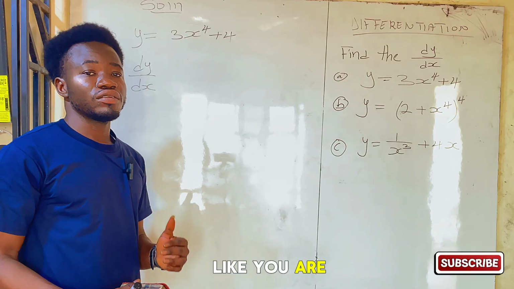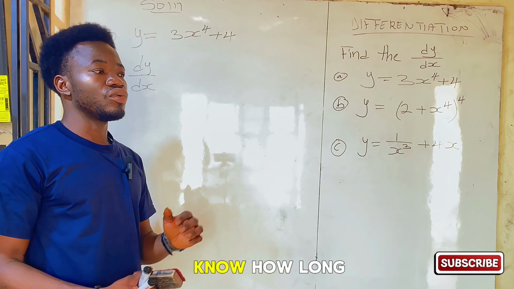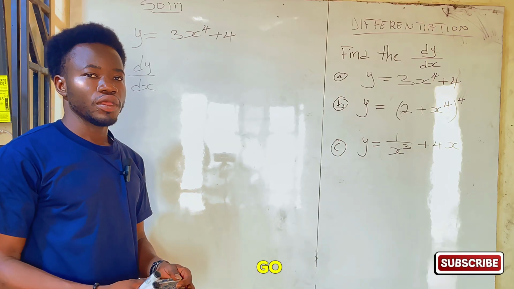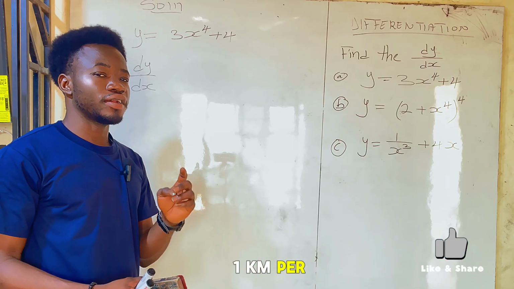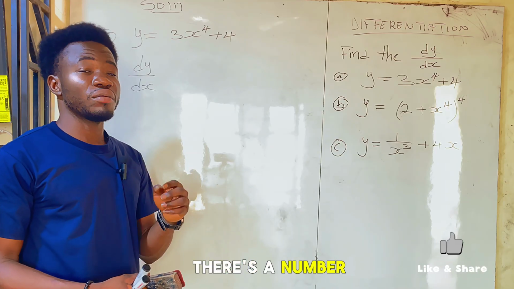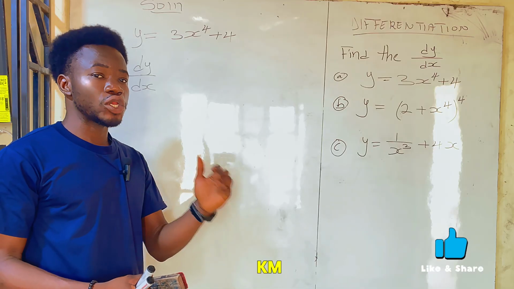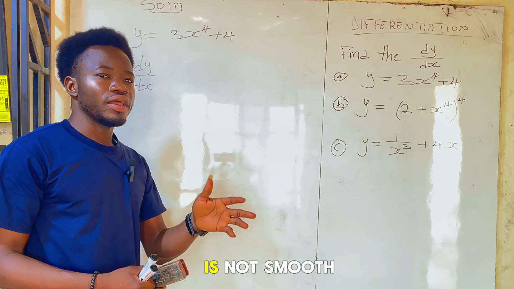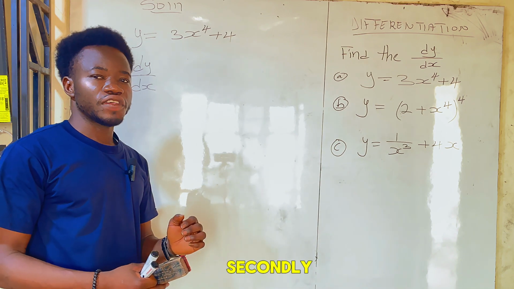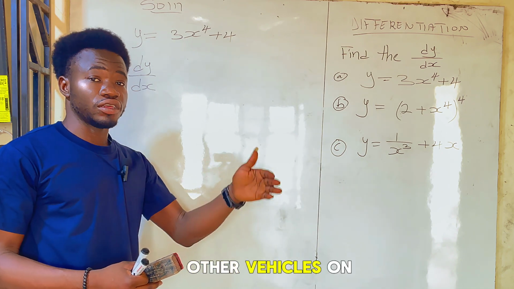Like you are traveling, you want to know how long the journey will take. You know the car can speed 1 kilometer per hour, so you're able to know the number of hours to cover 5 kilometers. But here's the case, the road is not smooth. Secondly, there are other vehicles on the road.